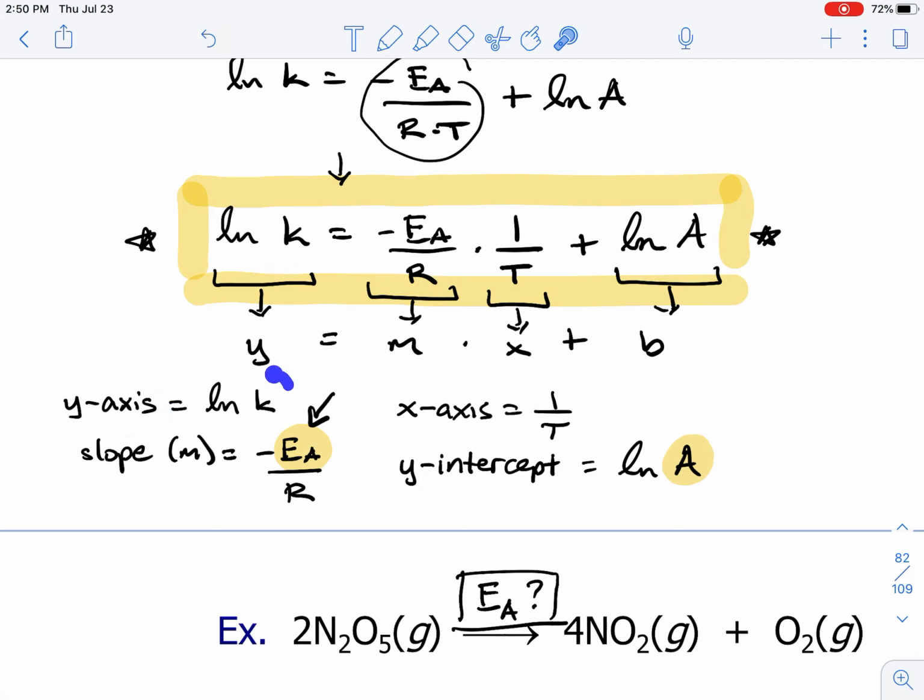So you have to somehow collect experimental data and calculate the rate constant at each temperature. And so if you look at the x-axis, it's the reciprocal of temperature. And so whenever you're trying to figure out the activation energy, you're trying to collect the rate constant against the temperature.